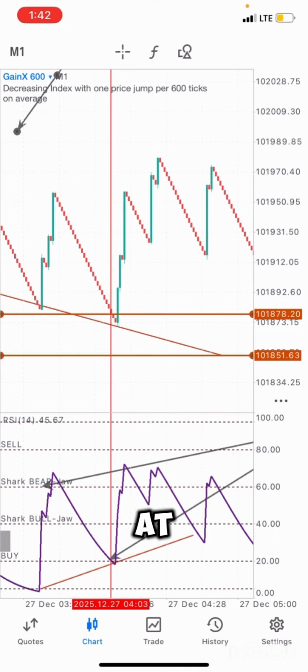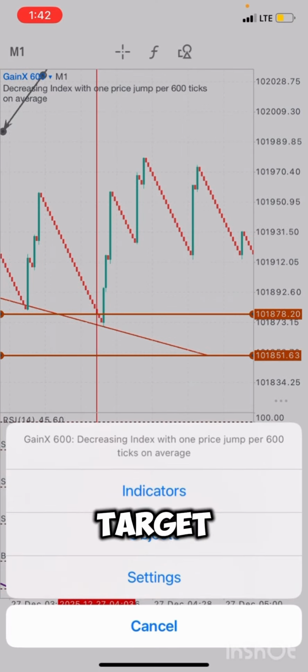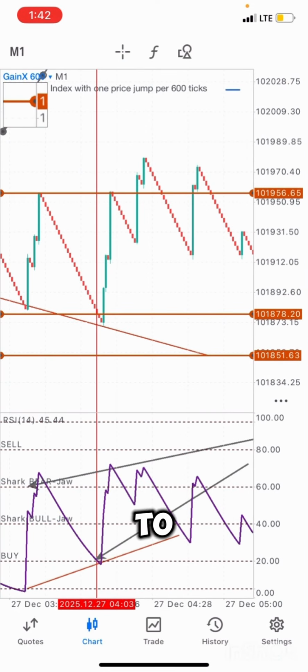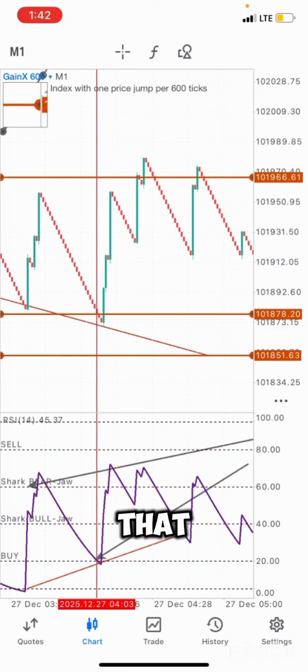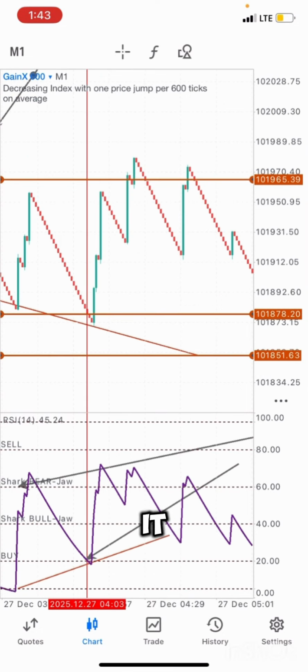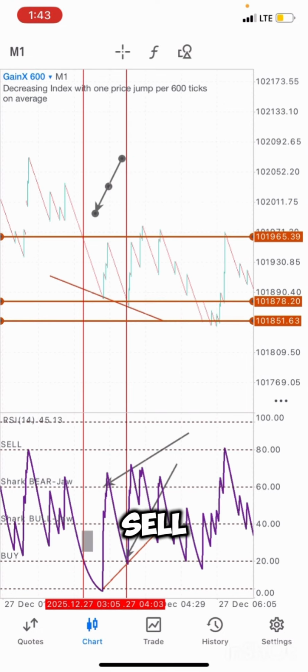Set your stop loss at 10 to 15 candles, then you target a risk reward of 1:3. All right, so that will be somewhere around here, 1:3. So that is it. Now let's look for a sell setup.